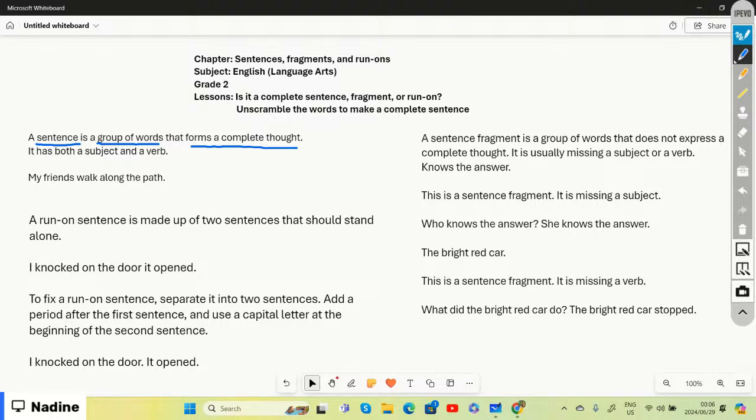A sentence has both a subject and a verb. If we look at an example of a sentence, keep in mind that it is a group of words that forms a complete thought, and it has both a subject and a verb.